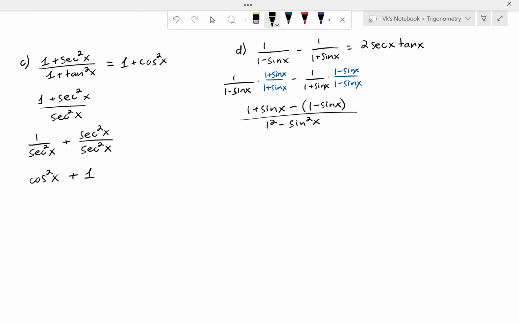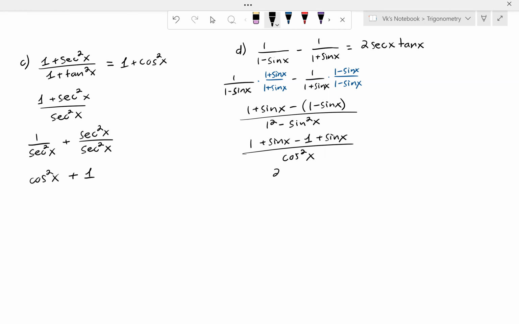Well, look at what we have here. 1 plus sine x, distribute the negative: minus 1 plus sine x. Over 1 minus sine squared, which is cosine squared. And 1 is gone, sine plus sine is 2 sine x over cosine squared.